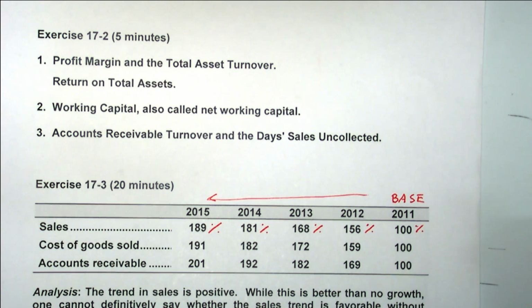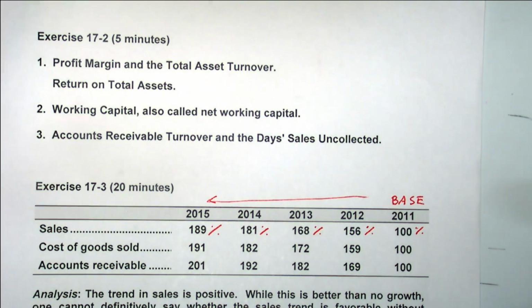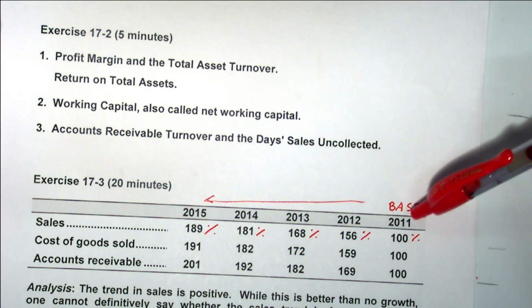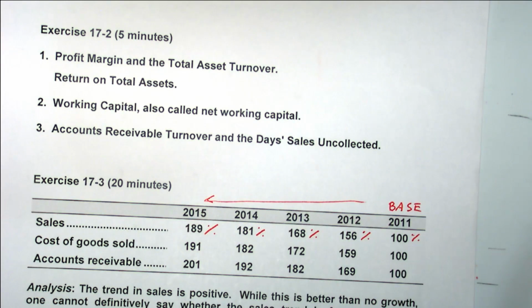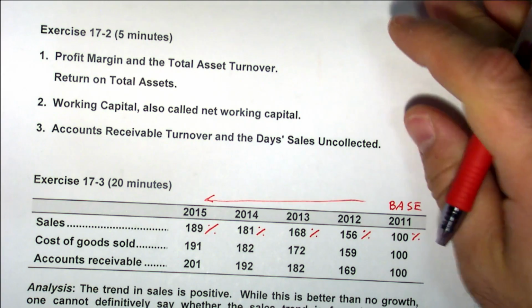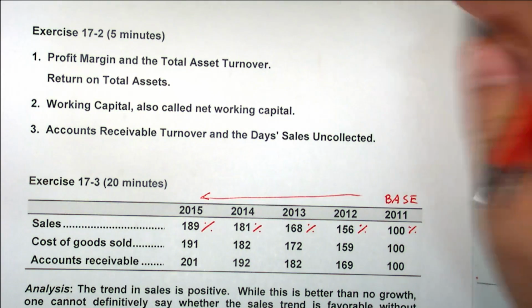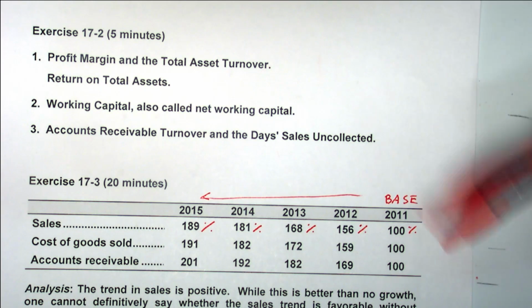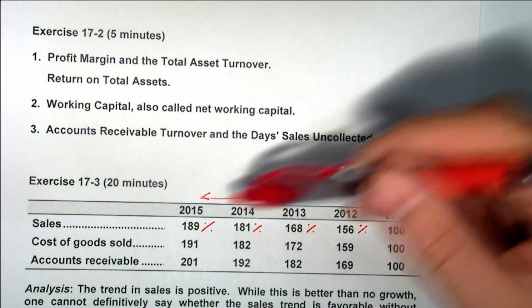So I think you're going to be able to reach the same conclusions that we're going to discuss here by the way you did it. And that is this. Let's take a look. Sales is increasing. Clearly sales is increasing, right? Now, that's good that sales are increasing. We don't know off the bat though if that's a completely favorable thing, because what if our competitors are increasing at a much greater rate?